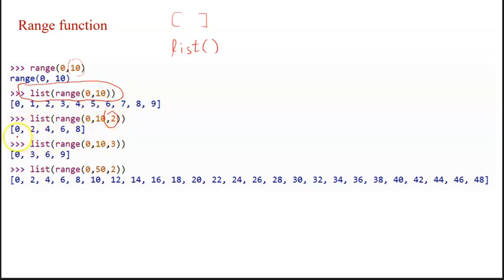If you type in 3, it takes a step of 3, starting from 0, and then goes up till 9. You can type in any sequence of numbers, and then we're going to use this in a for loop. Okay, so let's see how a for loop works.